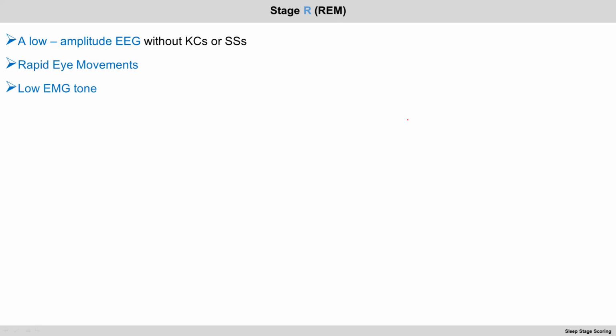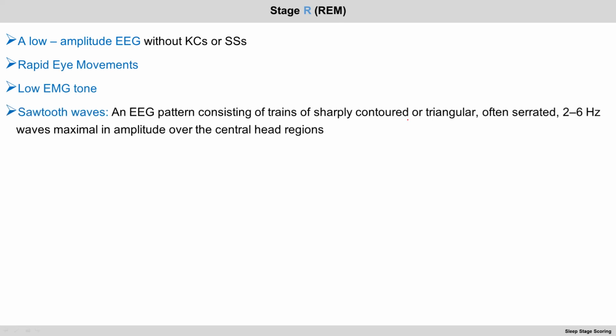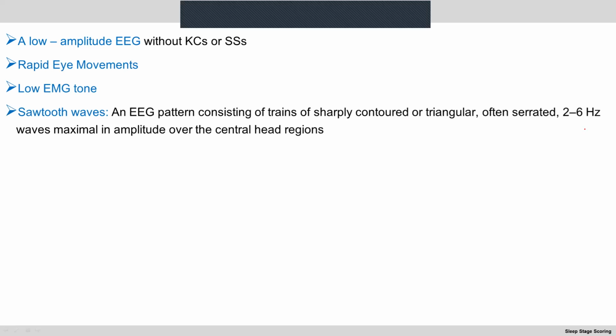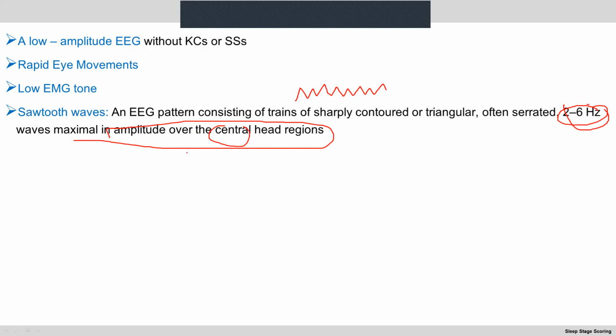Low EMG or atonia and sawtooth waves are present, at 2 to 6 hertz frequency and maximal in amplitude over the central head region. So central electrodes and 2 to 6 hertz. This is the sawtooth wave, with sharply contoured waves you will see. I'll show you in the figure. So that may be present.